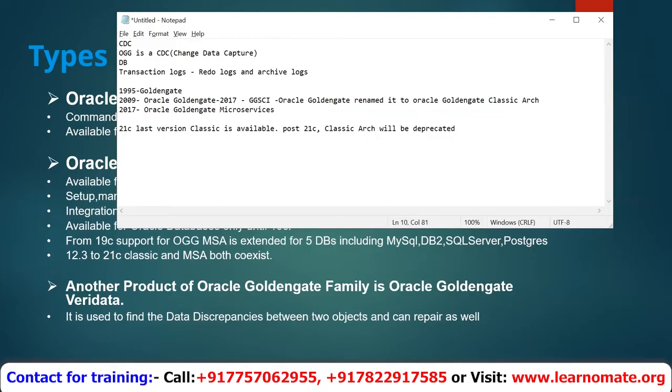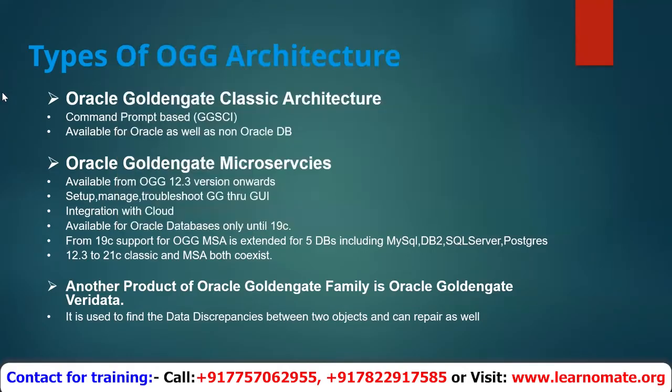That means no new version or feature will be introduced for Classic architecture. It will all be microservices. But still, if you go out into the market, as per the statistics released by Oracle, 78 to 80% of implementations are still on Classic architecture. Microservices is being used by 20 to 22%.